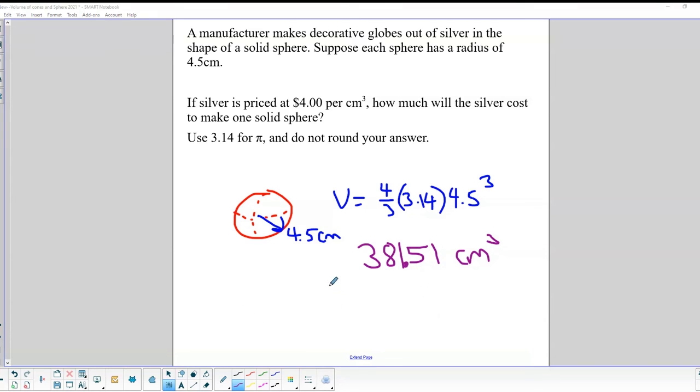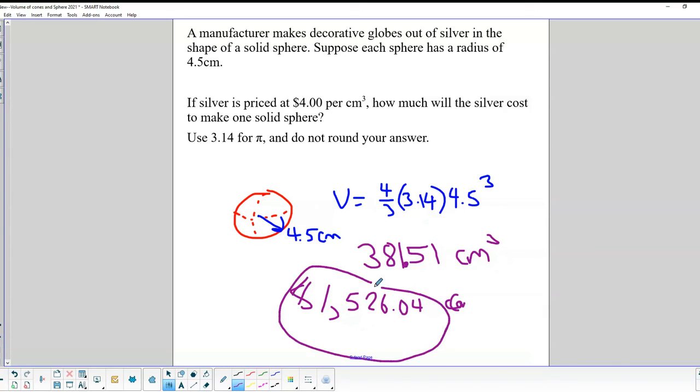So this sphere is going to cost 1,526.04. No, this is a cost, right? So for this many cubic centimeters, it's going to cost this many dollars. So it's the units in dollars.